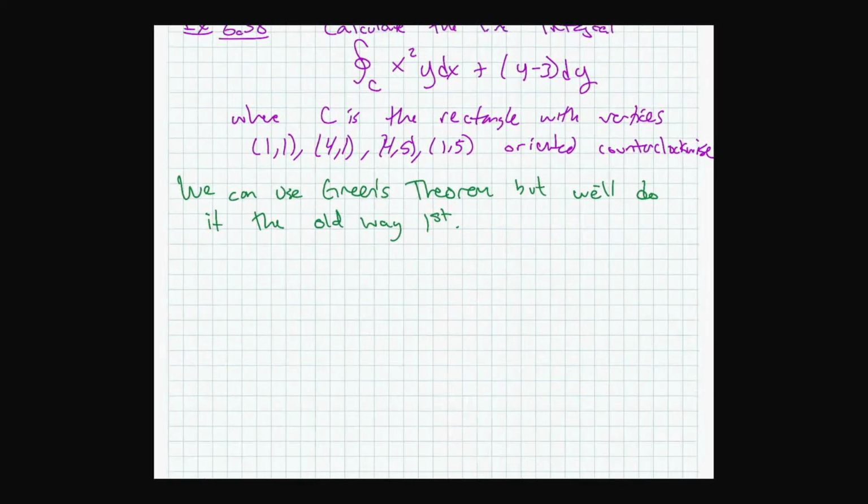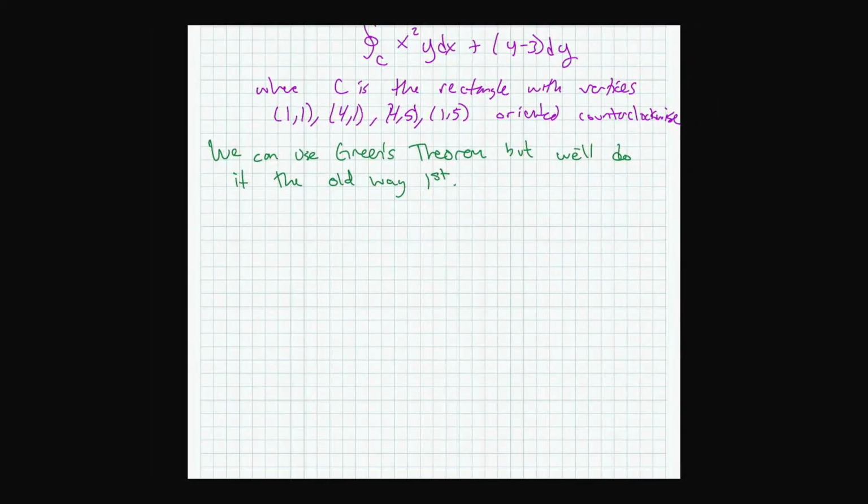Okay. So let's look at our region. We go from (1, 1) to (4, 1), to (4, 5), to (1, 5).